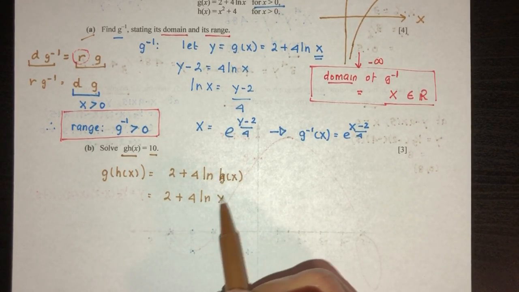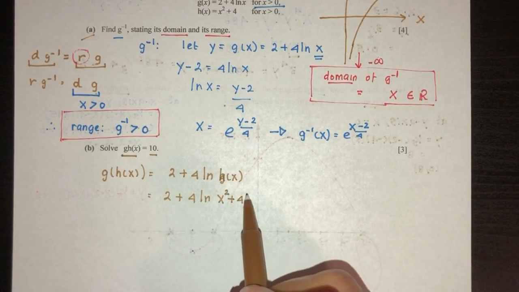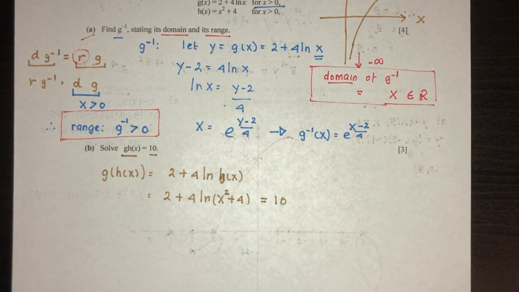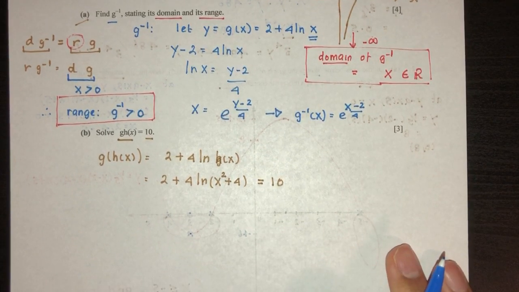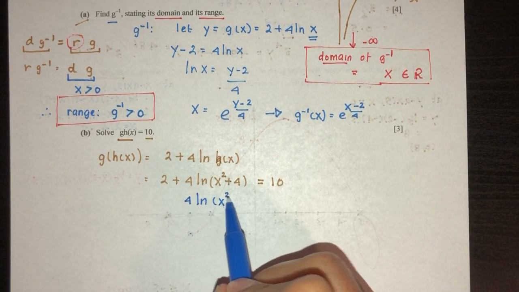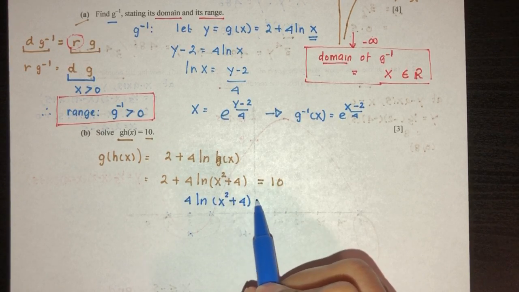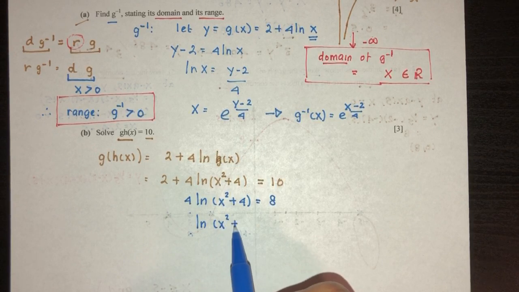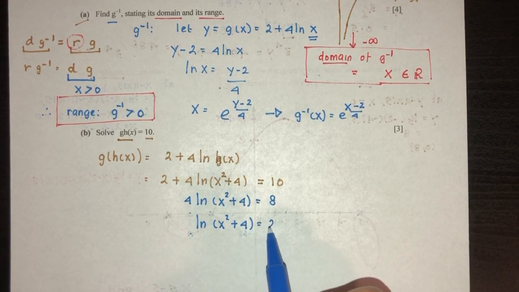You will have h, so x squared plus 4. And now that is equal to 10. Let's solve to find the value of x. So we have 4 ln of (x squared plus 4) is equal to 8. So ln of (x squared plus 4) is equal to 2.